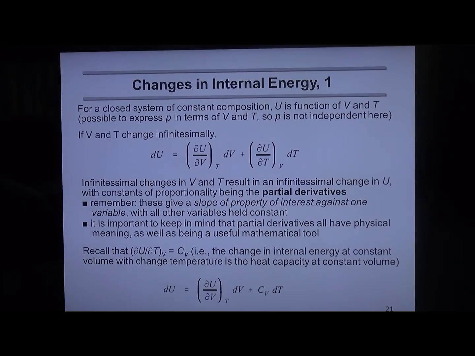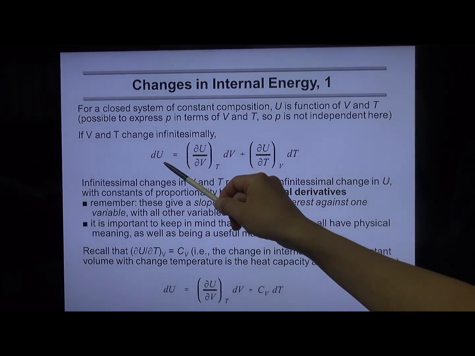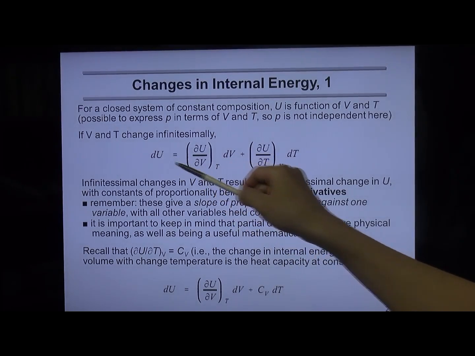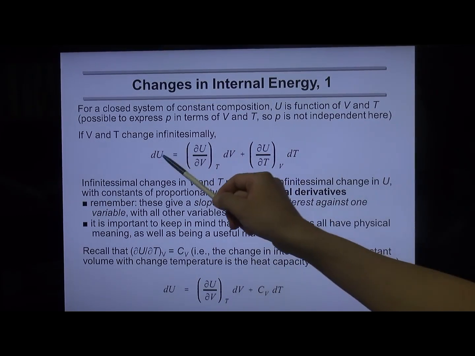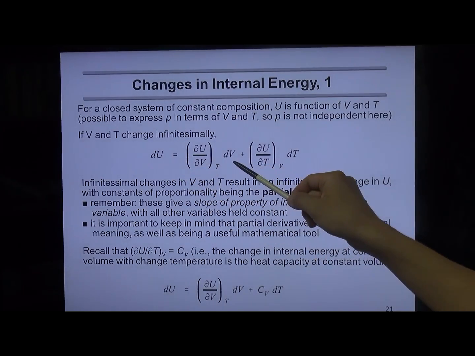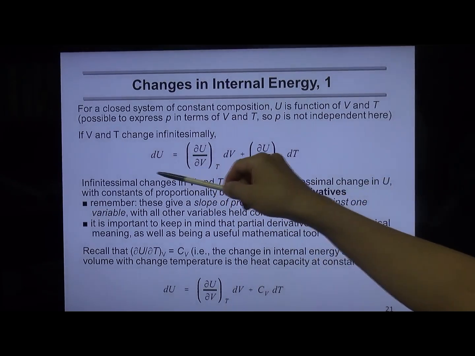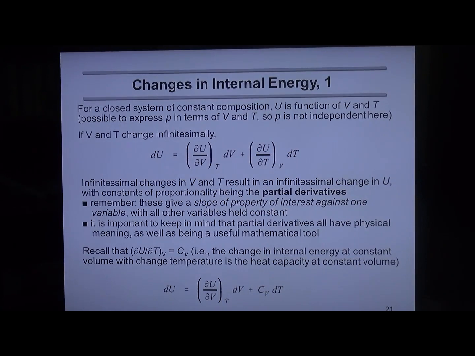Or we can say in another way that we simply take the total derivative of internal energy as a function of volume and temperature. You learned this from mathematics class, right? Total derivative of U as a function of V and T, and you get this expression.